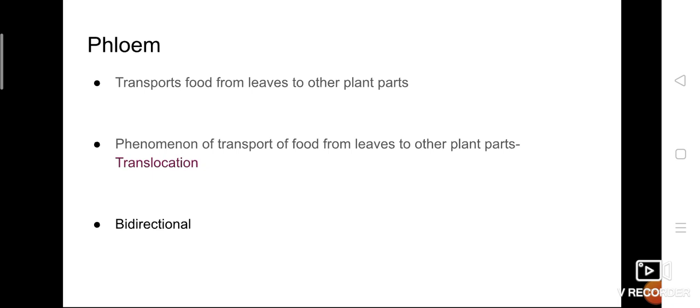And the phenomenon of transport of food from leaves to other parts is translocation. Because roots are present down, definitely the nutrients and water are going to move up to the top of the plant.